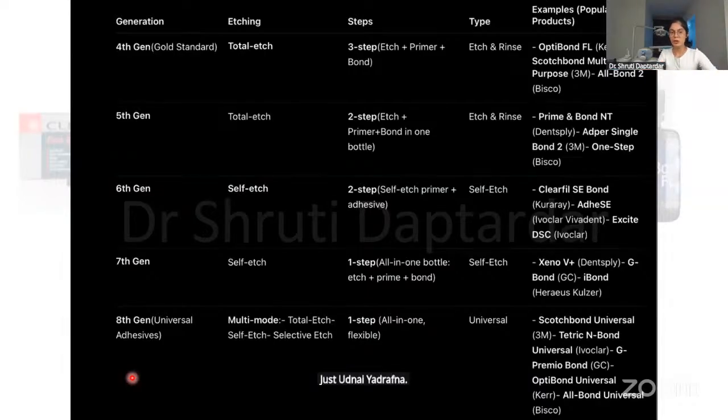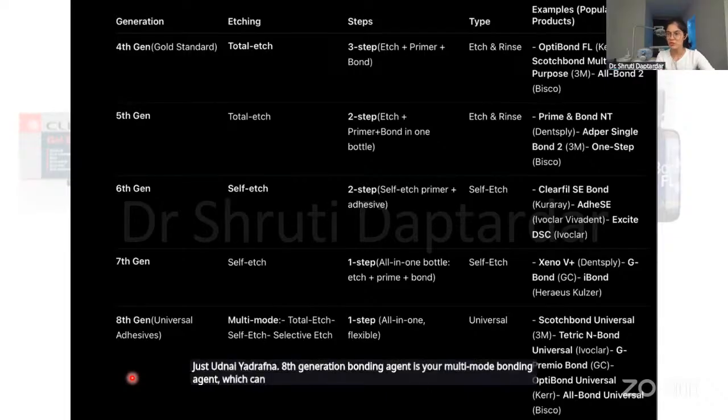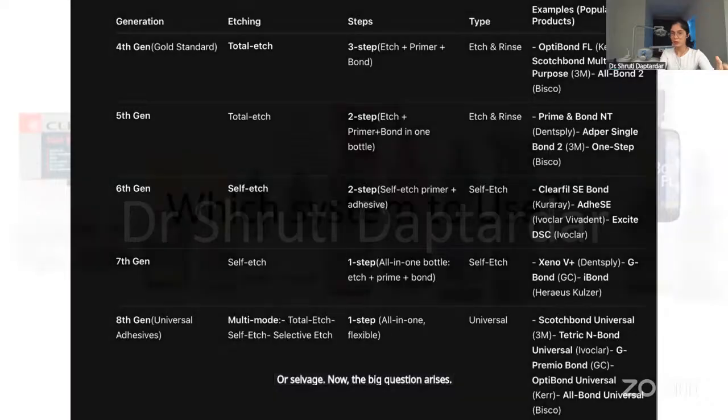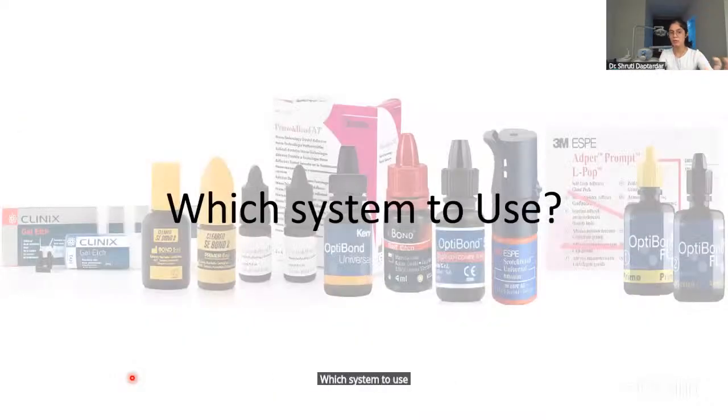8th generation bonding agent is your multi-mode bonding agent, which can be used as your total etch, selective etch, or self-etch. Now the big question arises, which system to use and where? It all depends on your substrate.